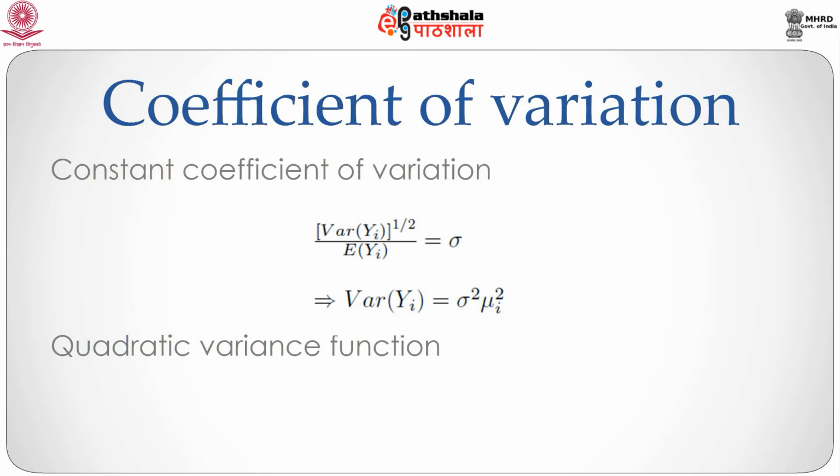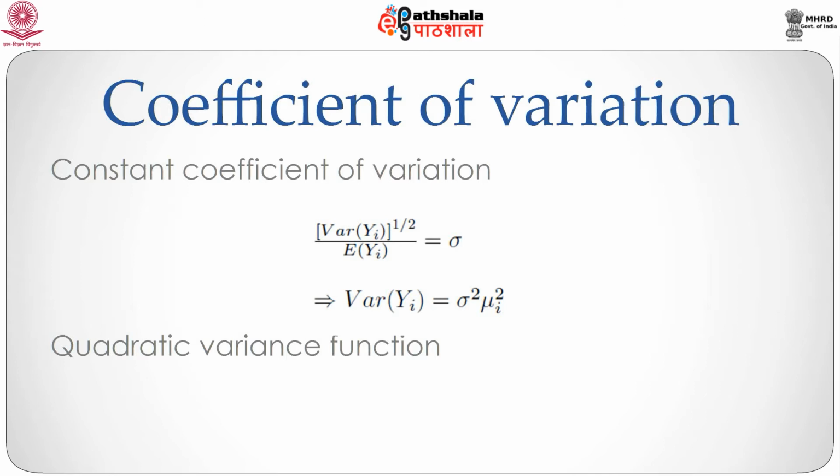The implication of this is that the variance function is of the form variance of yi equal to sigma square into mu i square, where mu i is the expected value of yi.